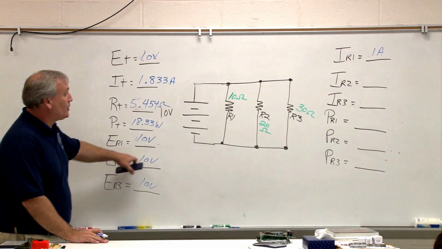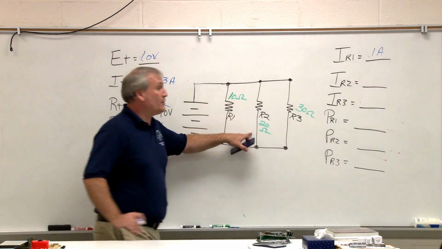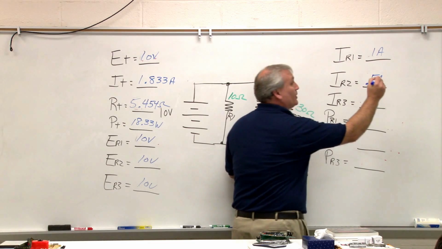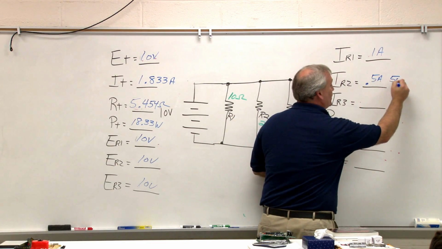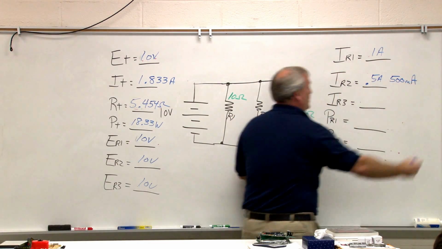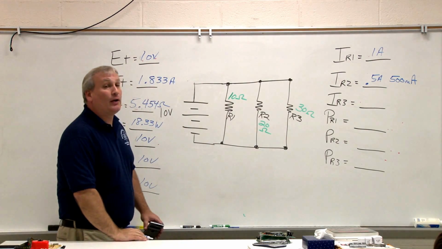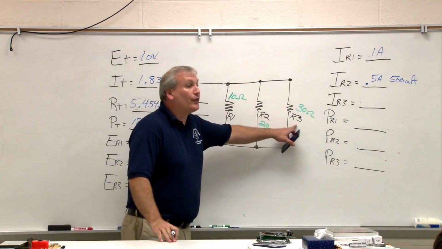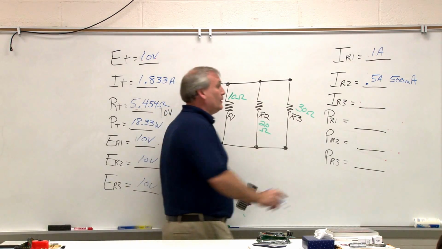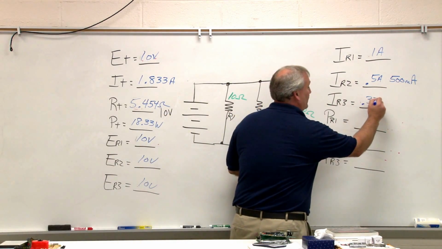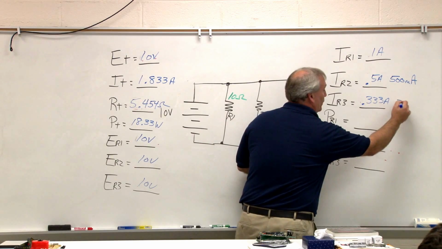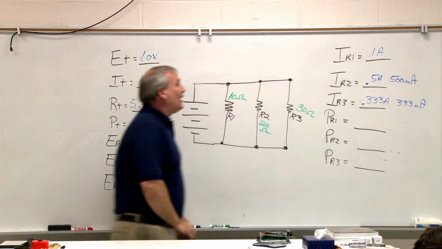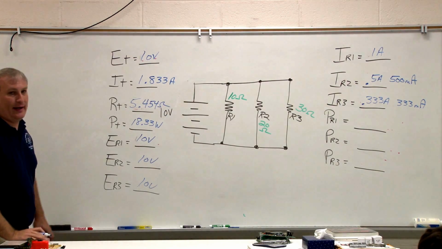So 10 volts divided by 20 ohms would be 0.5 amps, which is the same as, in engineering notation, 500 milliamps. And IR3 would be 10 volts divided by 30 ohms, which would be what? 0.333 amps, or 333 milliamps.